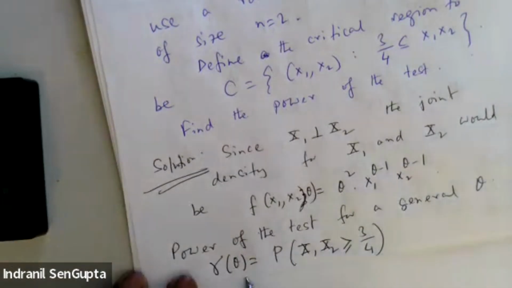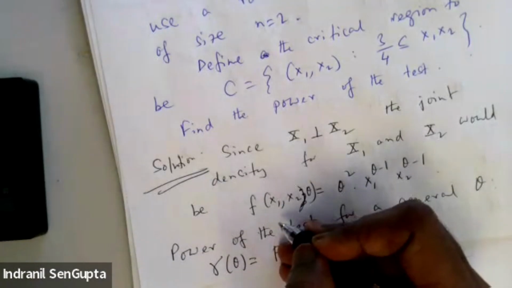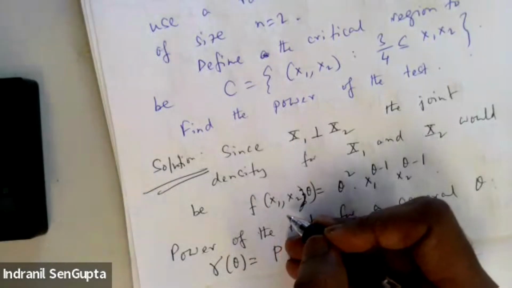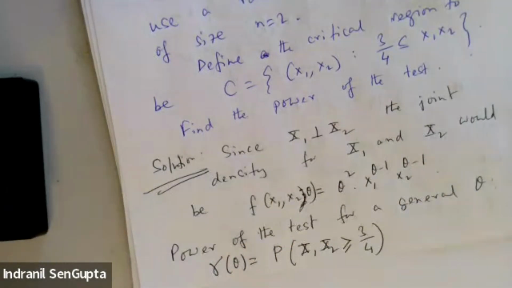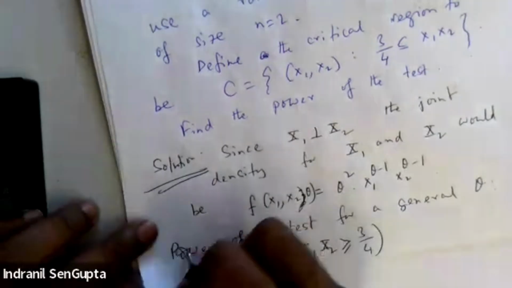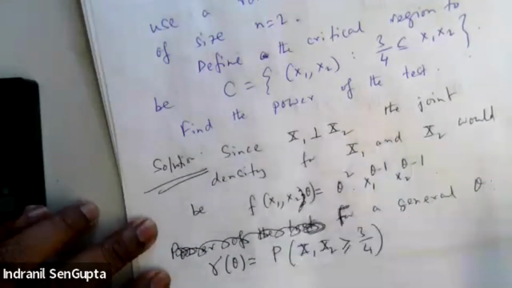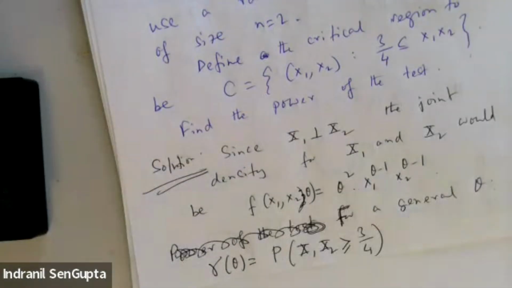For a general theta, okay. I am not really comfortable saying this as the power of the test. So what I'm trying to do is, let's compute this gamma theta for general theta, which is defined as this one.